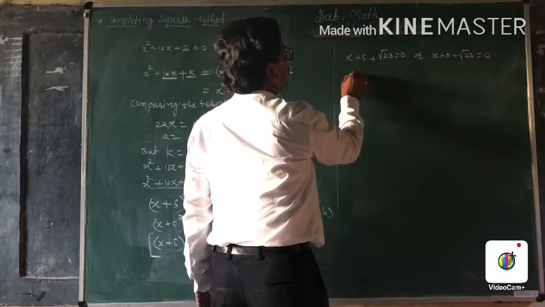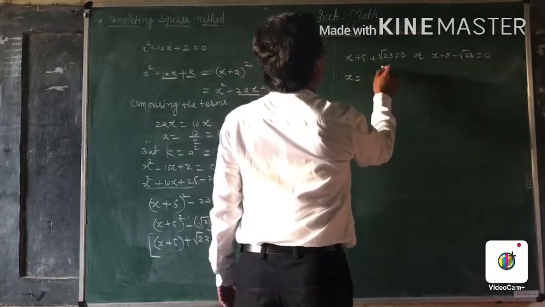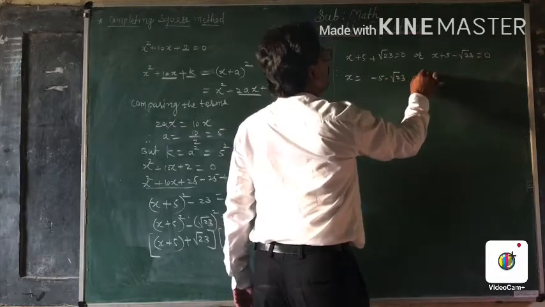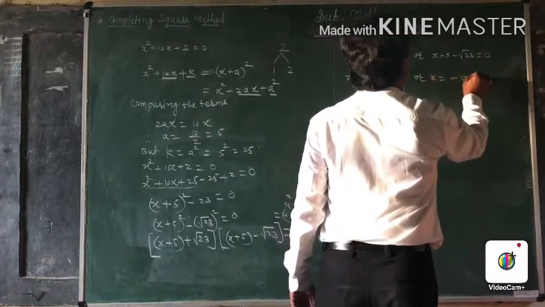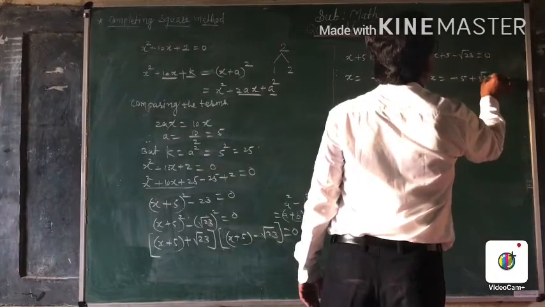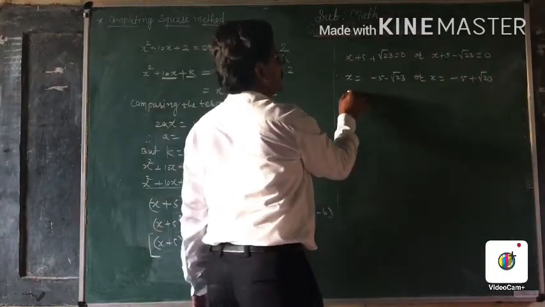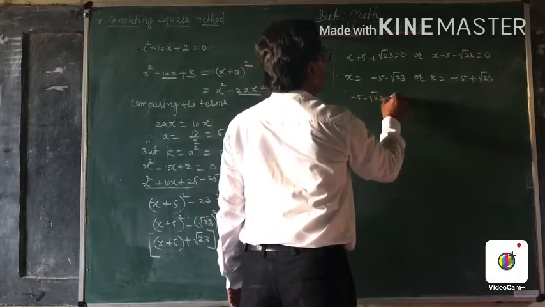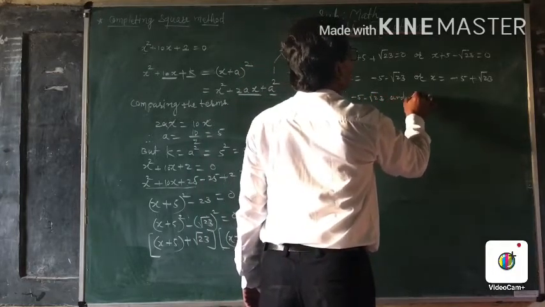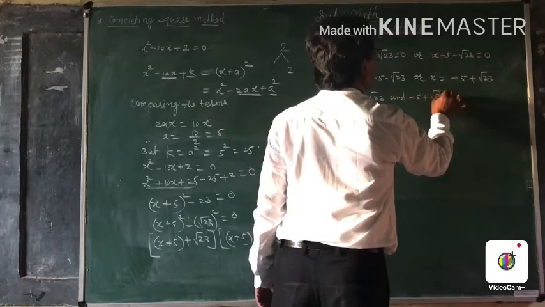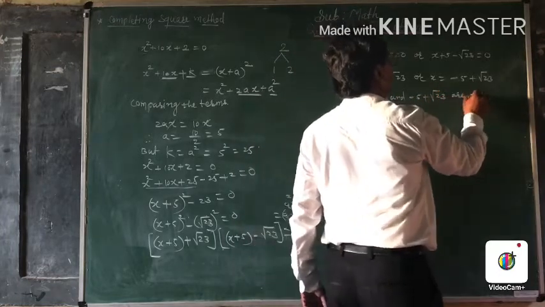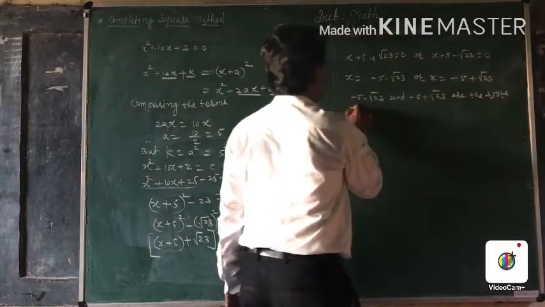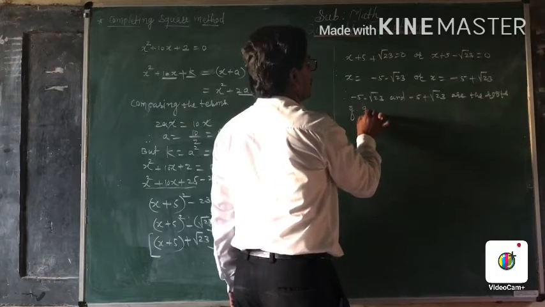Therefore, x is equal to minus 5 minus root 23, or x is equal to minus 5 plus root 23. These are the roots of the quadratic equation. Therefore, minus 5 minus root 23 and minus 5 plus root 23 are the roots of the given quadratic equation.